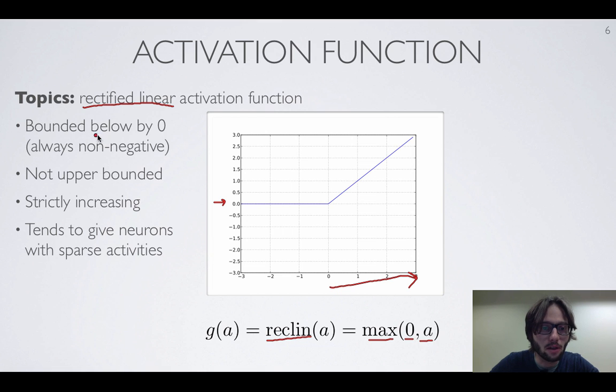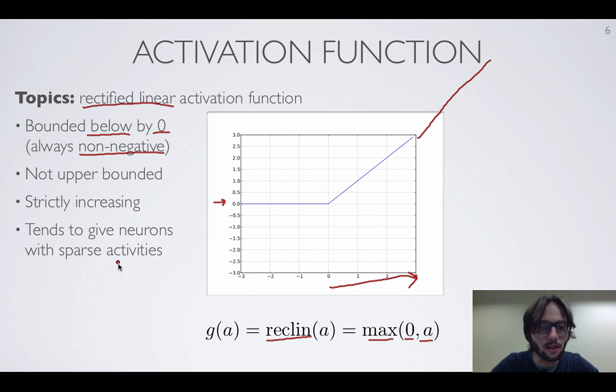Here it's only bounded from below by 0, so it's always non-negative. It's not upper bounded because the greater the pre-activation, the greater the output will be. This can always grow and diverge towards infinity if the input goes towards infinity.